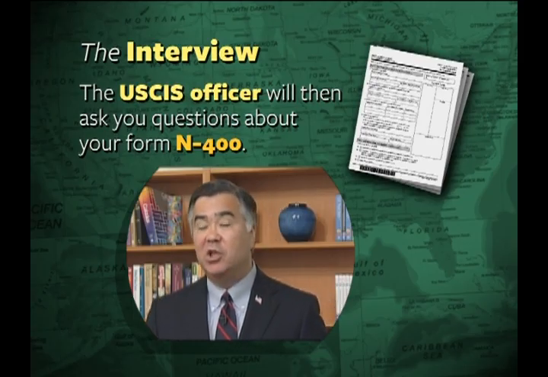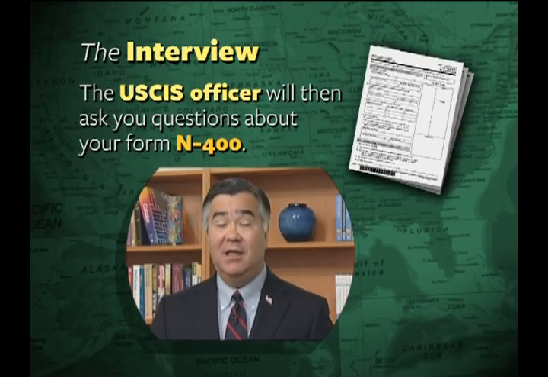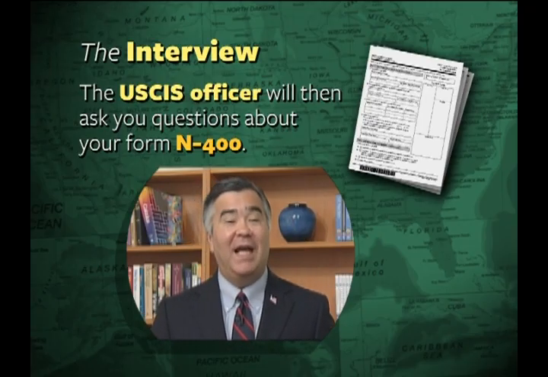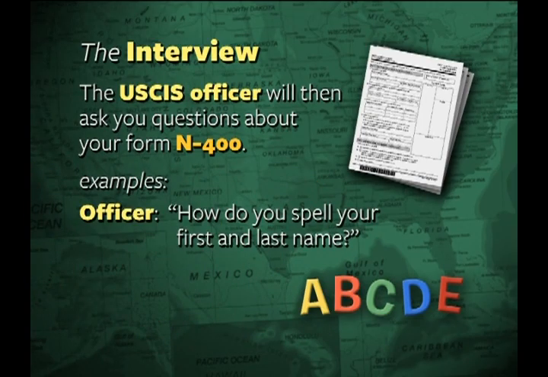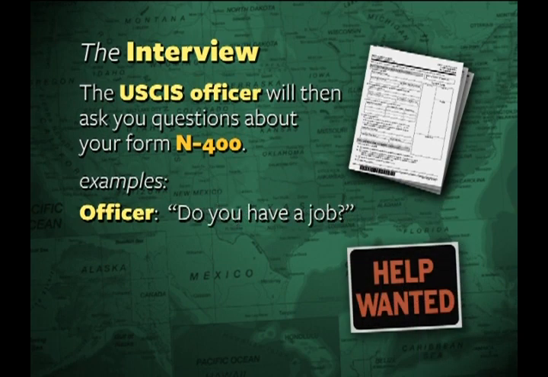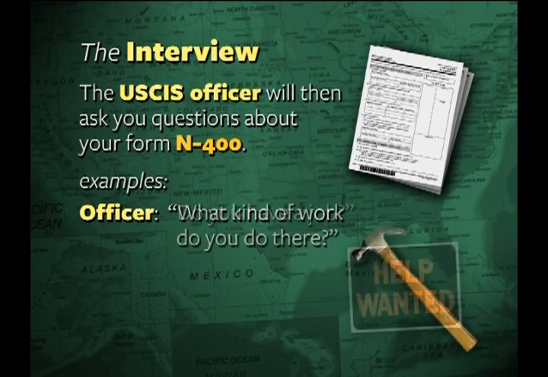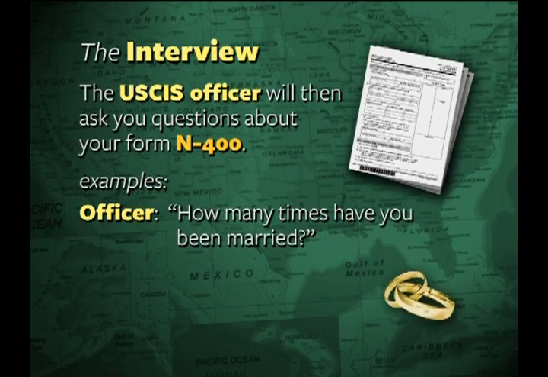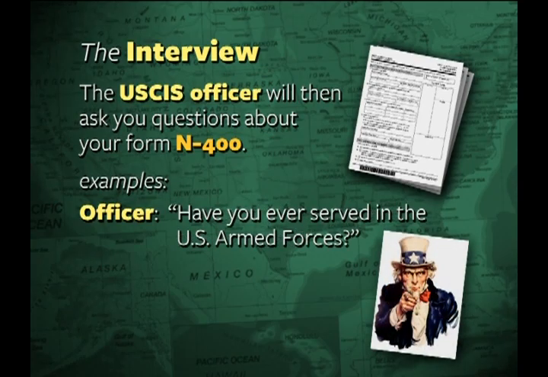Most of these questions will probably be quite easy. Here are some examples of easy questions that the officer might ask you. How do you spell your first and last name? Is this your correct address? Do you have a job? What kind of work do you do there? How many times have you been married? Have you ever served in the U.S. Armed Forces?